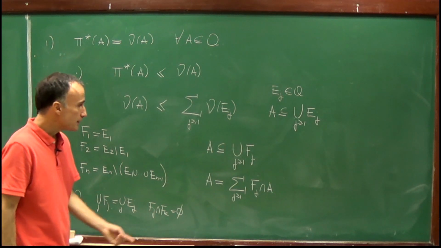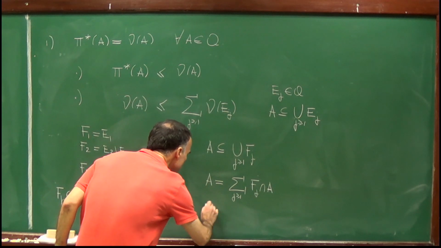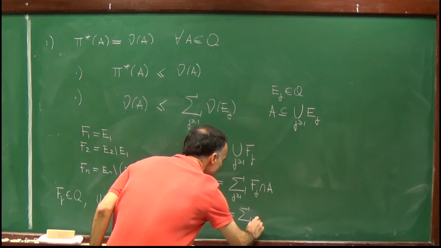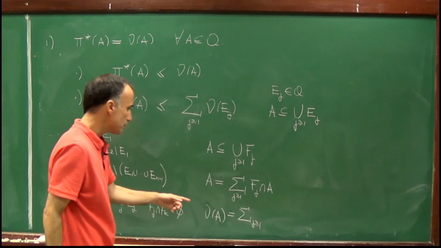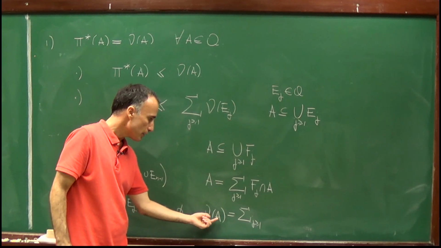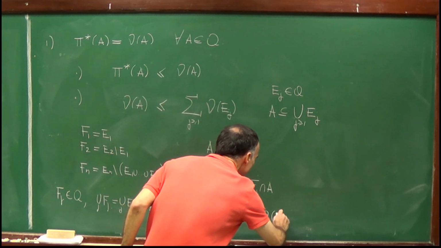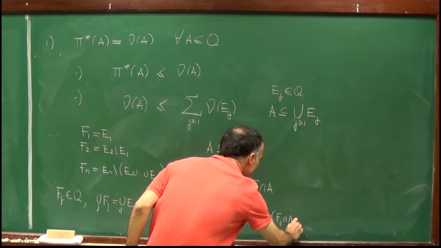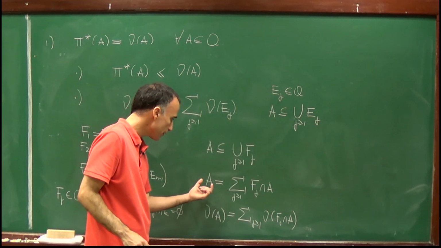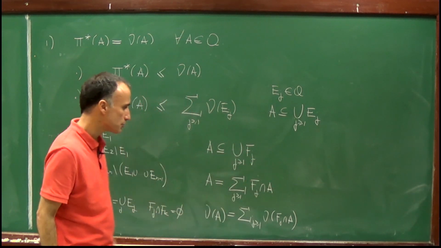So we can use the sigma additivity of nu here. We have that nu of A is equal to the sum. Here is the point in the proof where we are using the fact that nu is sigma additive on the algebra. This follows by sigma additivity, and it was very important to have an element of the algebra written as a countable union of elements of the algebra.